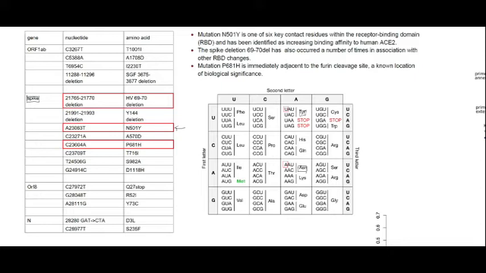Here it says A to T, but U is the same as T in RNA. So this A is being changed to this U, going from asparagine to tyrosine. It is one of the 6 key contact residues with the receptor binding domain, RBD, that has been identified as increasing binding affinity to human ACE2.